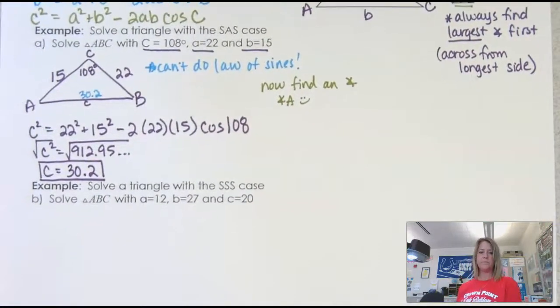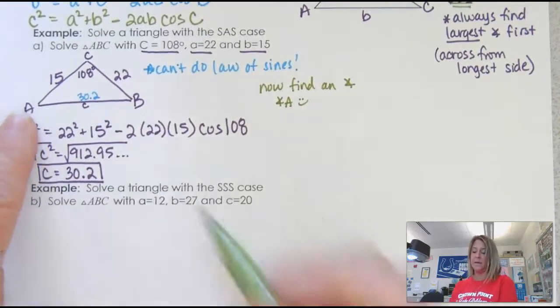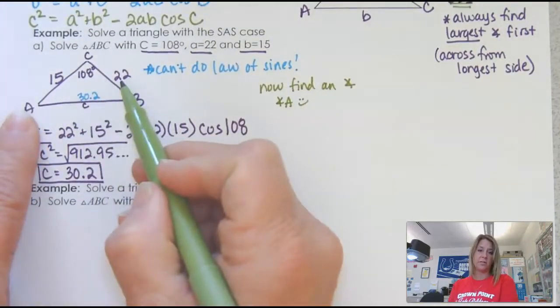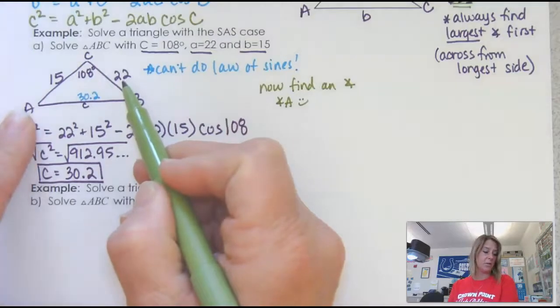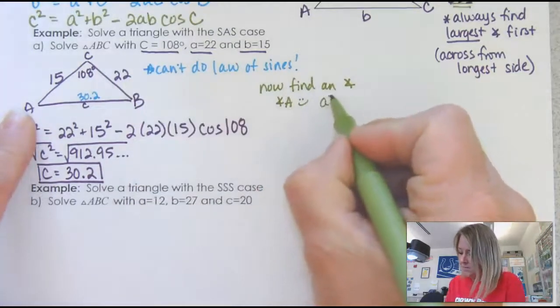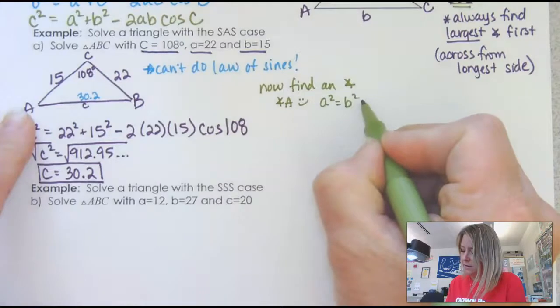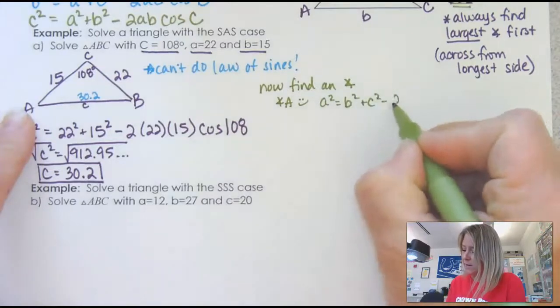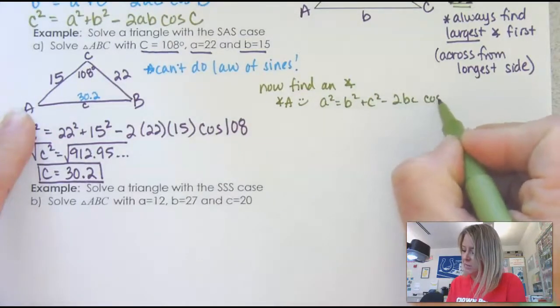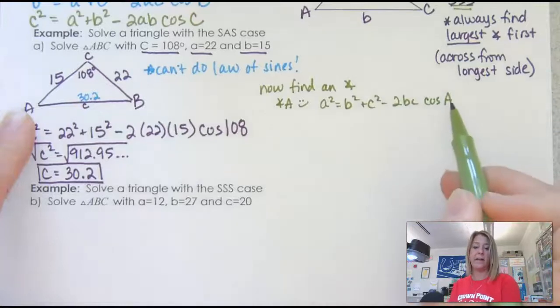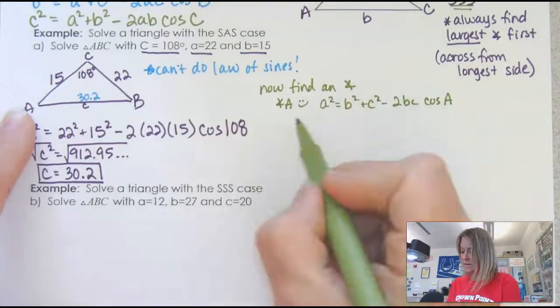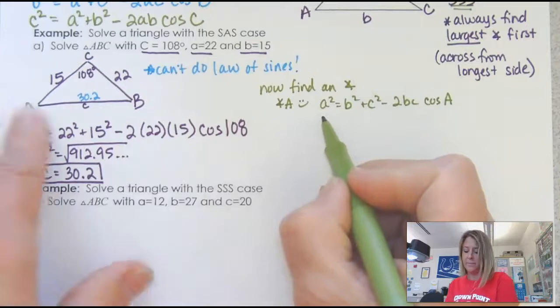For finding angle A, that means I need to start with side A. So I'm going to do A squared equals B squared plus C squared minus 2BC cosine A. Since I'm finding angle A, side A is right here.